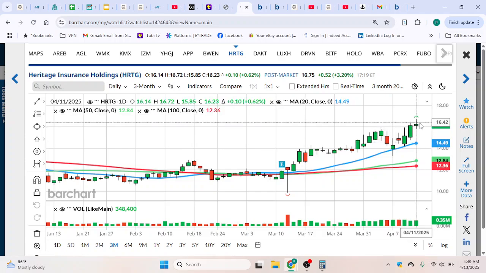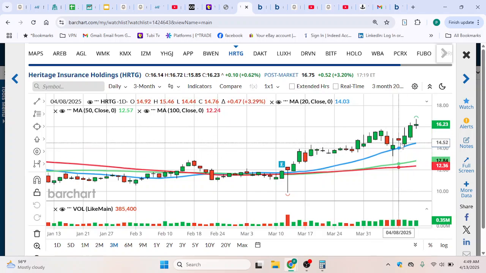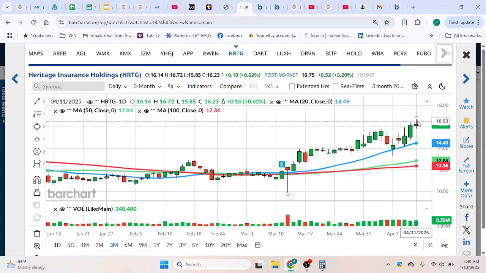But when we get this move up and then these lower range candles, that gives us a little bit better risk to reward, because if we buy here and place our stop down here. Let's just look at those numbers. Let's say we buy here at 16.40 and place our stop somewhere below this candle. Let's say we place it at 15.40.